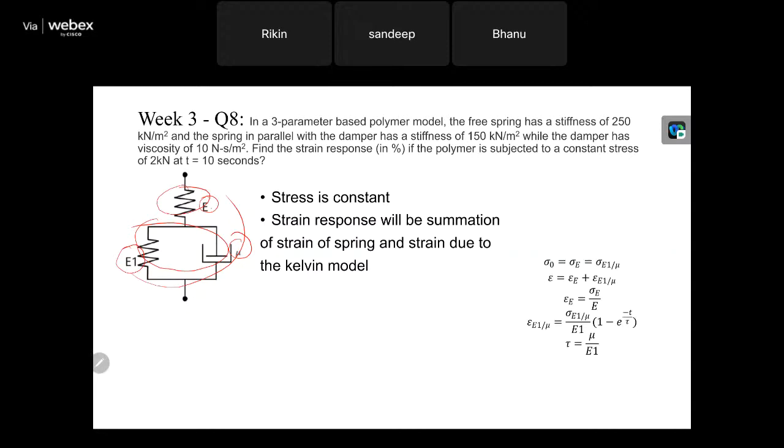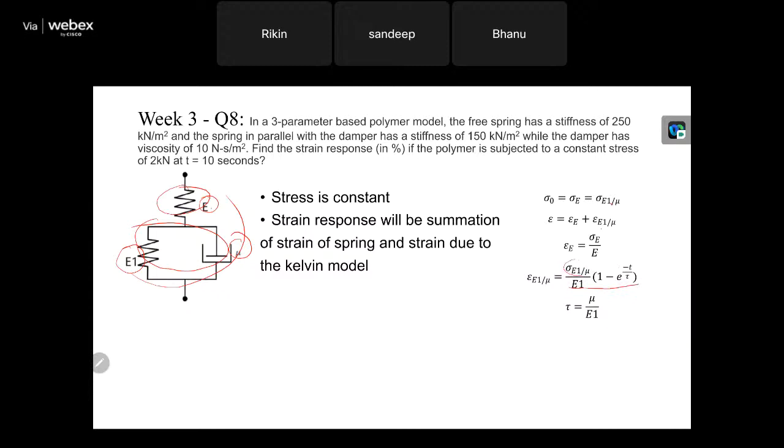Now, if you look at the equations, let's say sigma naught is the initial stress, and that will be equal in the spring and the Kelvin model. And the strain is the summation as we discussed. Now the strain in the spring will simply be sigma E by the spring constant, and sigma E is sigma naught. And we saw, similar to question 5, that the strain response for a Kelvin model under a constant stress, which is the creep load, is given by this equation.